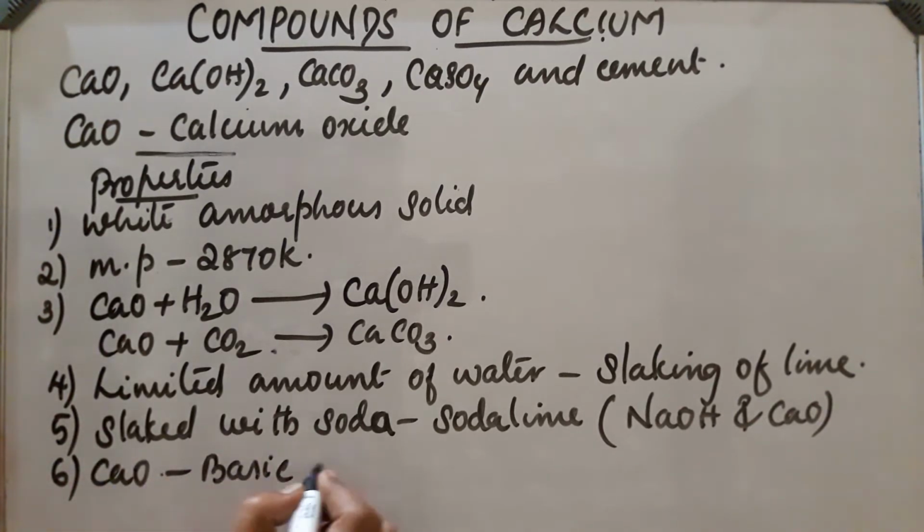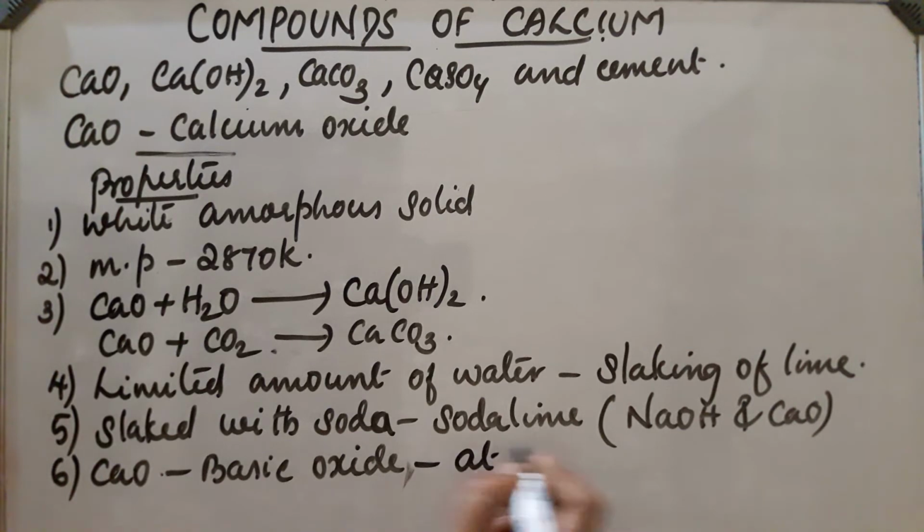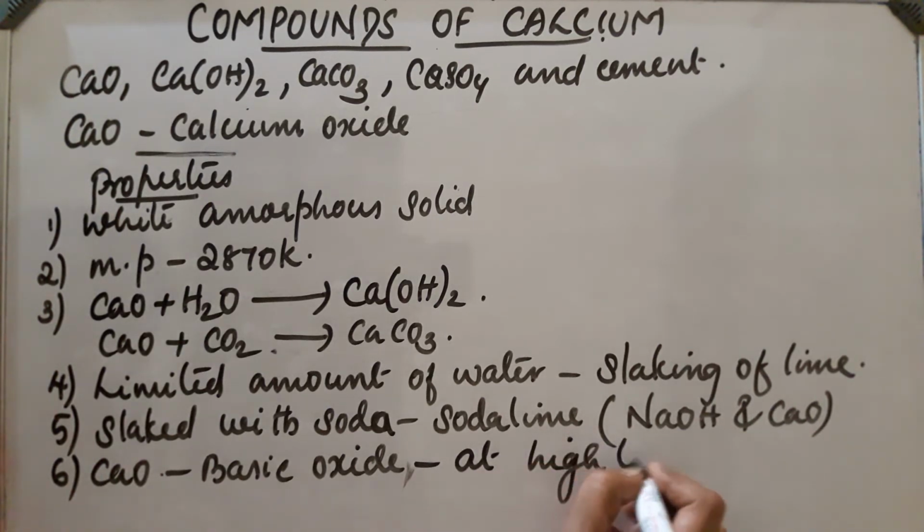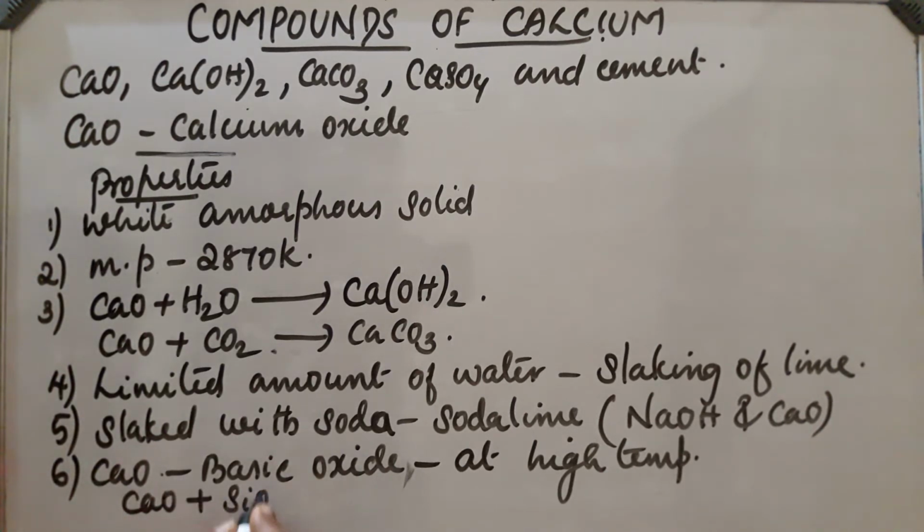So it reacts with acidic oxides and forms products. It reacts with acidic oxides like SiO2 and phosphorus pentoxide. The reaction takes place at a very high temperature. At high temperature, CaO plus SiO2 reacts and forms CaSiO3.